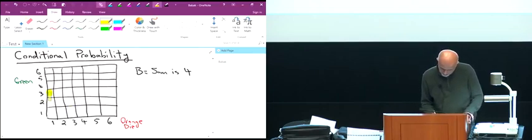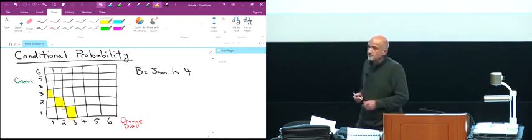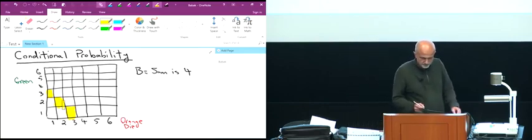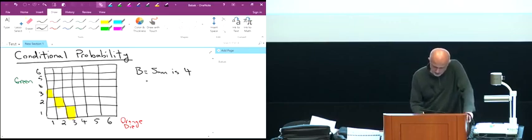Okay. 3 and 1. And 2 and 2. Okay? So yellow is my event B. This consists of the points 1, 3; 3, 1; and 2, 2.